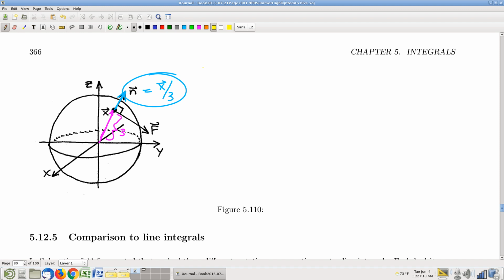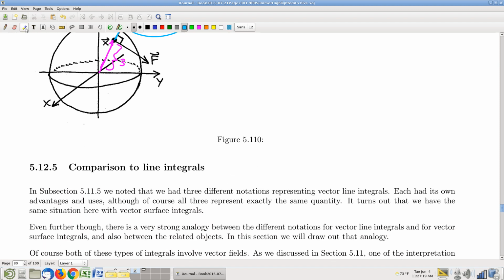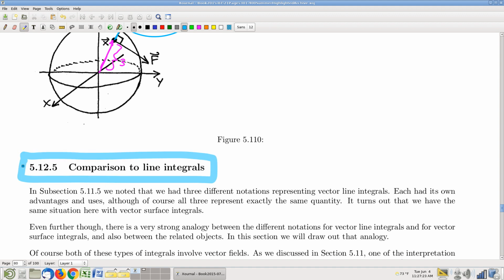Okay. All right. So there is an oddly powerful set of analogies between vector line integrals and vector surface integrals, and I think this is worth pointing out for a combination of reasons. I'll say a couple words about why ultimately it happens.